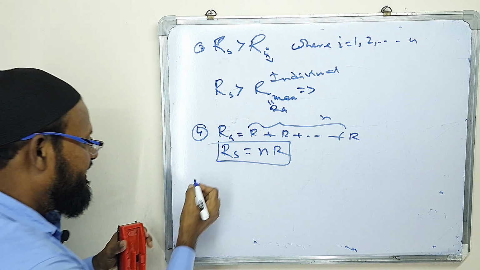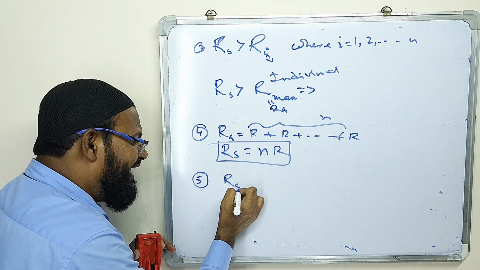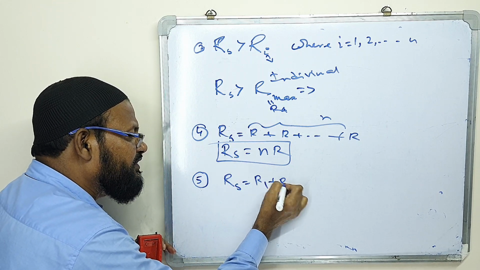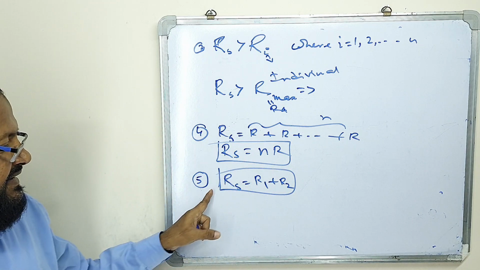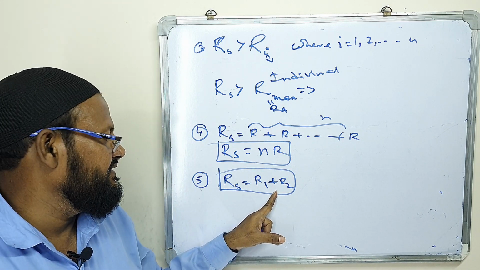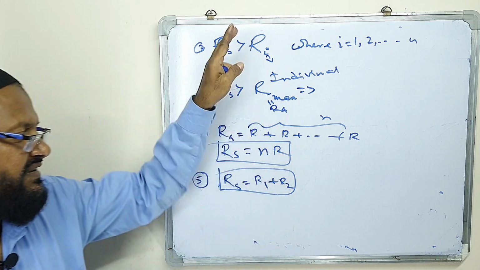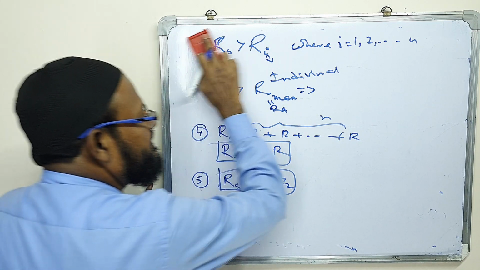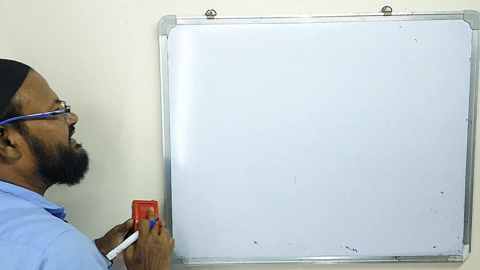Be careful. Next part is very, very important. For simple Rs, for two resistances, what is the formula? For two resistances, sum of the resistances, equivalent resistance is simply R1 plus R2. These are in case of series connection.